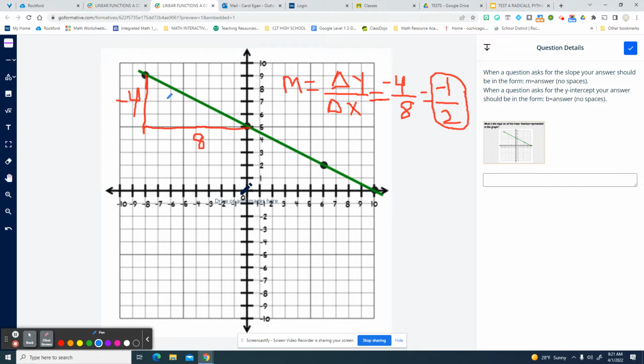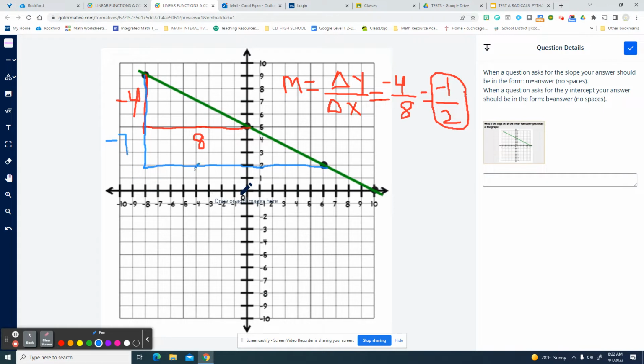Now, say you had chosen this point and this point. I'd go down 1, 2, 3, 4, 5, 6, 7, and over 1, 2, 3, 4, 5, 6, 7, 8, 9, 10, 11, 12, 13, 14.